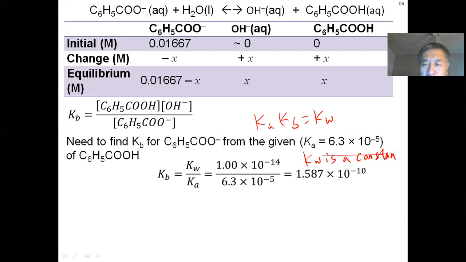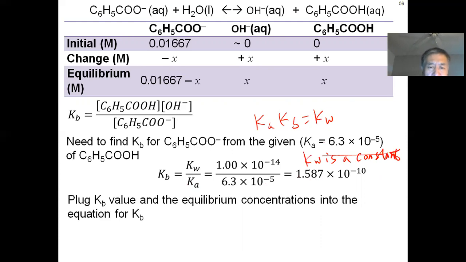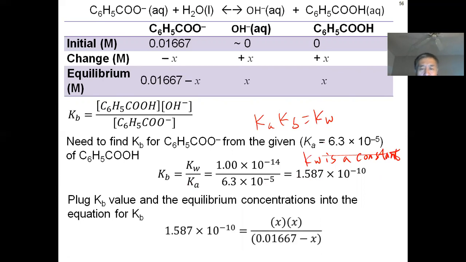And we know this constant at 25 degrees Celsius is this number. So we usually assume our temperature is 25 degrees Celsius. Okay, so by using this step, we find out the Kb. So next, you substitute those numbers into our equation for Kb. So therefore, we have 1.587 times 10 to the negative 10 equals x times x divided by 0.01667 minus x.